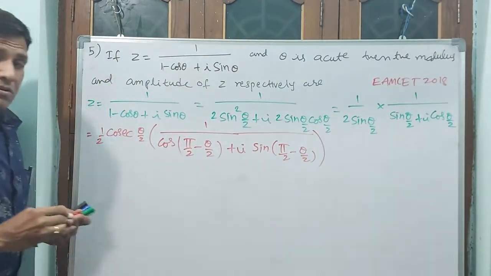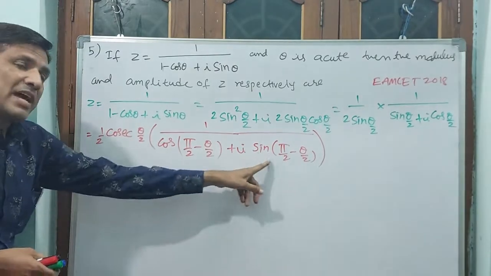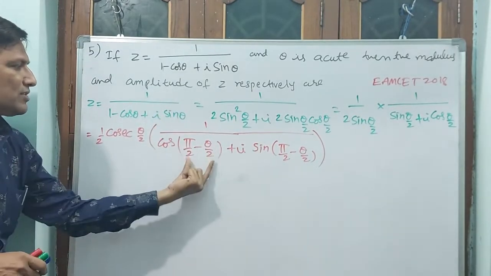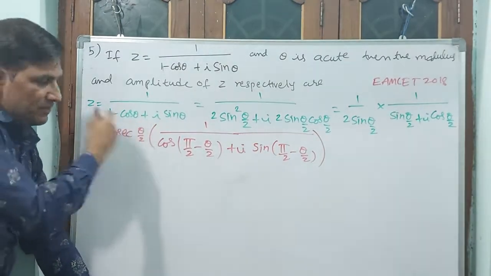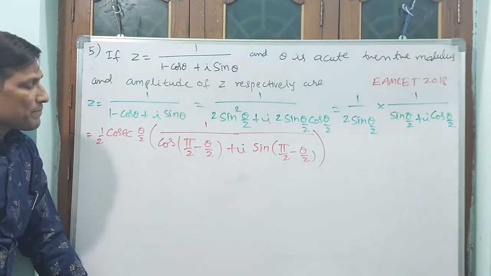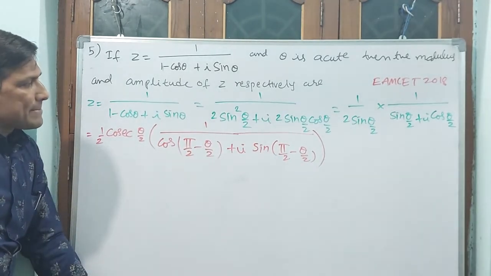Stop and analyze whether this is correct or not. Cos sine has come, CIS form has come. This is the theta, amplitude we can write, but wait and see first. Cos 90 minus theta by 2.